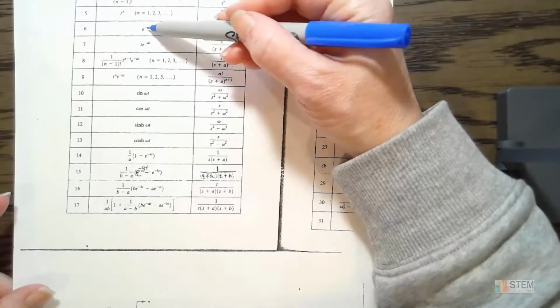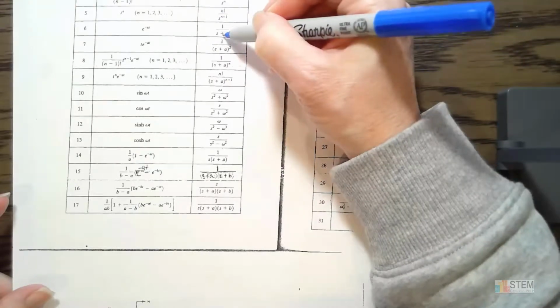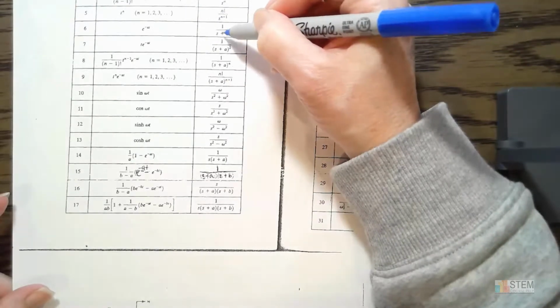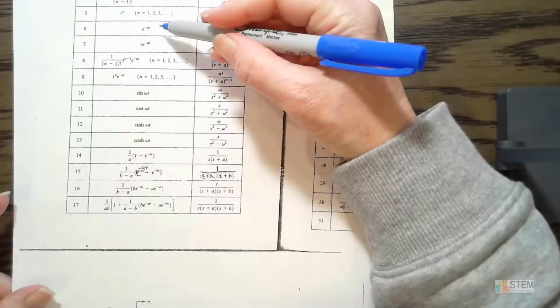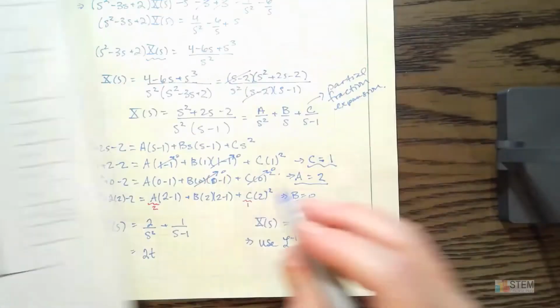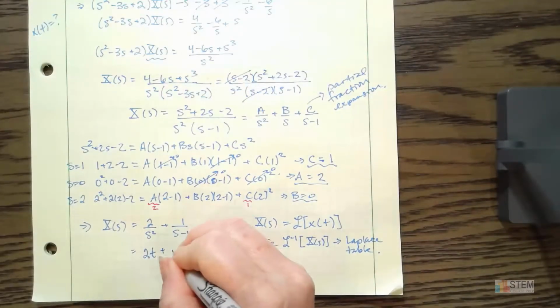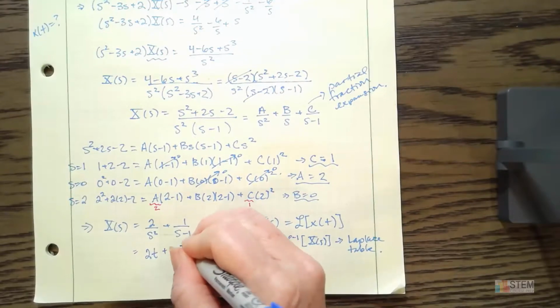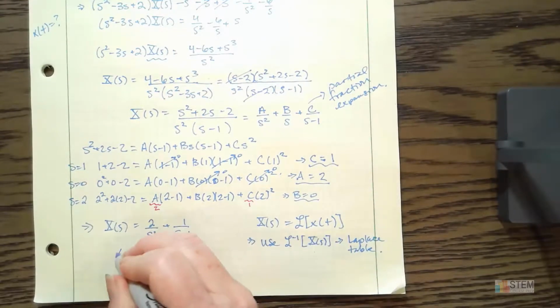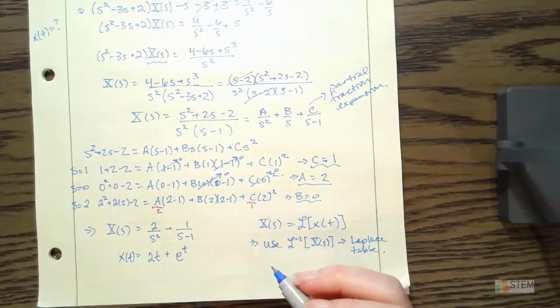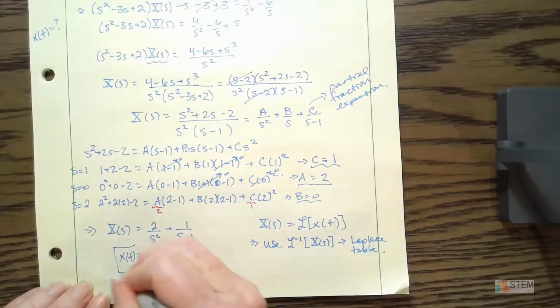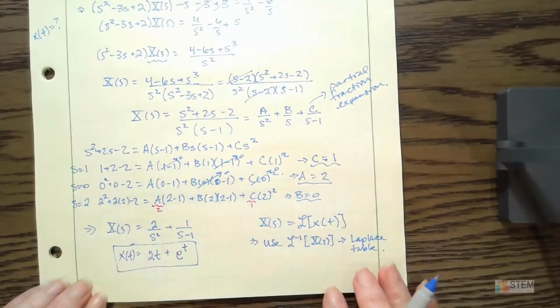All right, the negative at assumes we have a positive here. Ours is negative, so we're going to flip that sign. And that's going to give us plus e to the t. All right, and that is your x of t. So this would be the result.